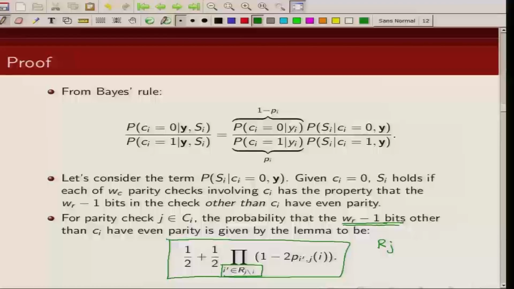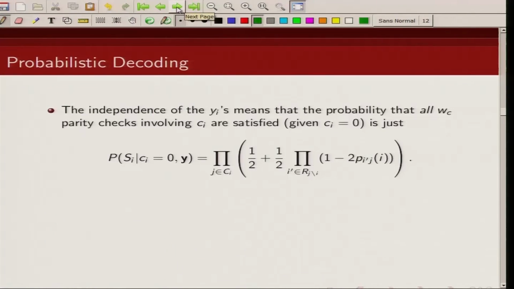Rj will tell us the jth parity check equation, and Rj minus i, where i is the Ci bit involved, and this is minus i. So, the other bits other than Ci which are participating in the parity check constraint, they should add up to have even parity. So, this is a set where Ci is participating in a parity check constraint. So, other than Ci, other bits have even parity, that is captured by this particular set, and this should hold for all parity check equations involving Ci.